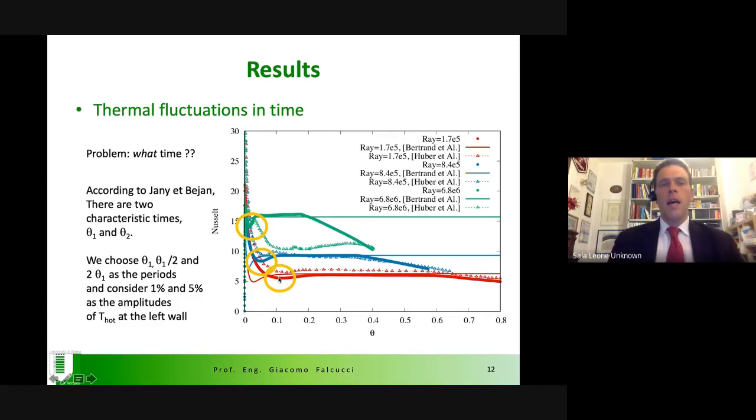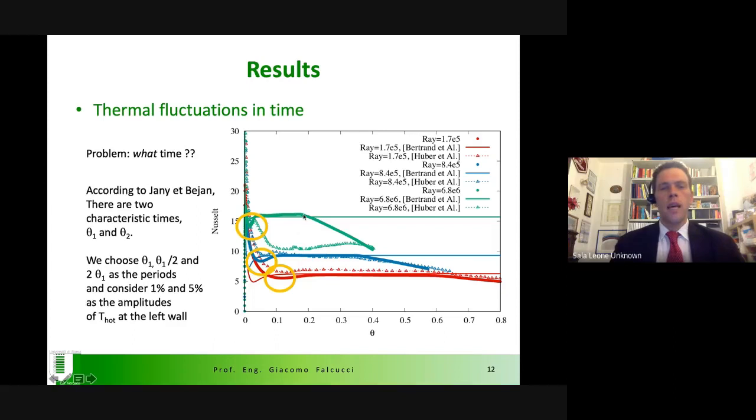The minimum belongs to the threshold between the purely conductive behavior in the very early stages of the melting and the inception of the convective movements. So θ1 is a very important parameter.